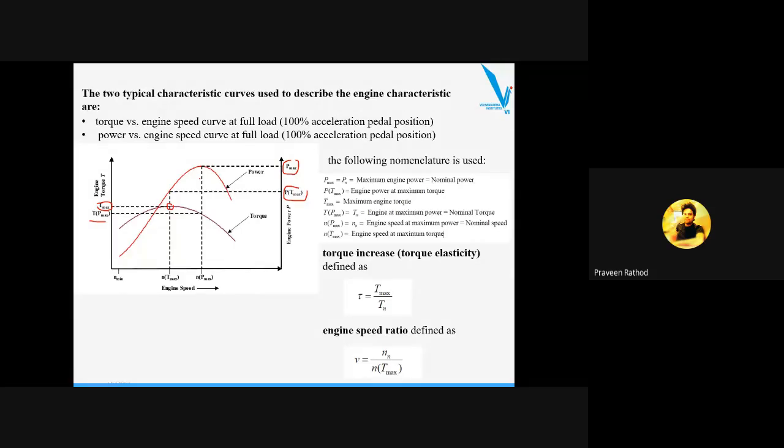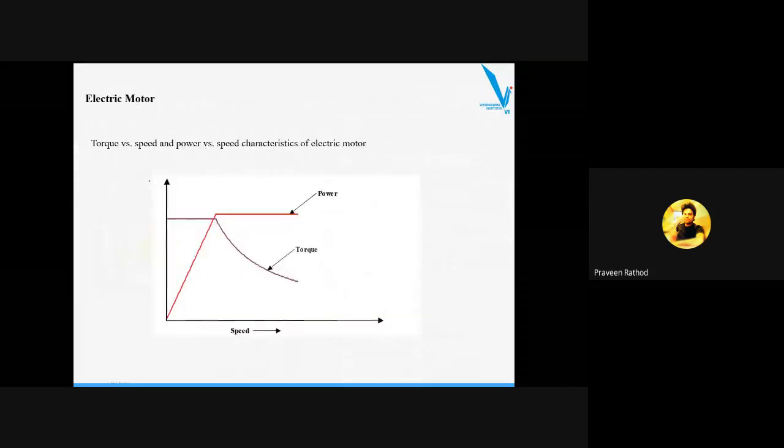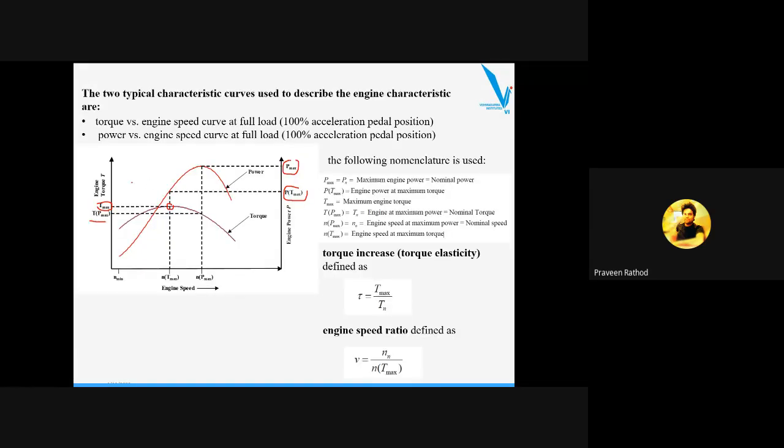So today we will stop over here. We will continue tomorrow with the electric motor comparison of torque and power, and this graph will be explained tomorrow. We will stop here.